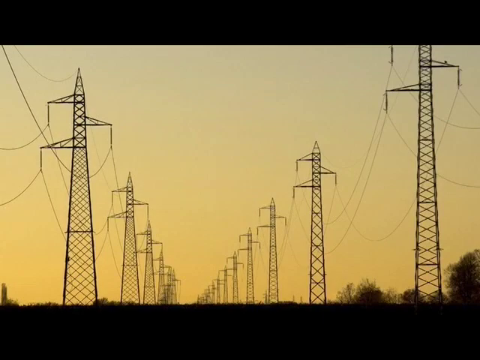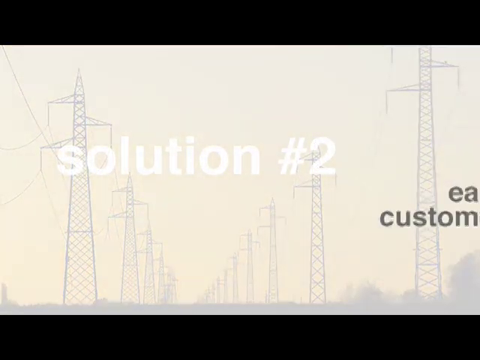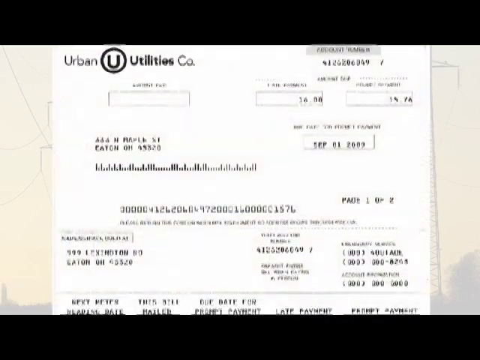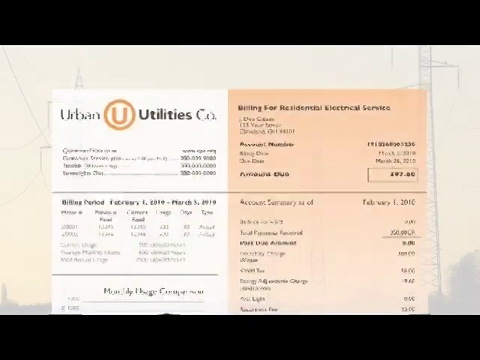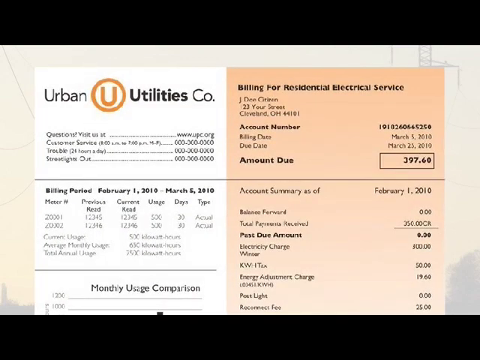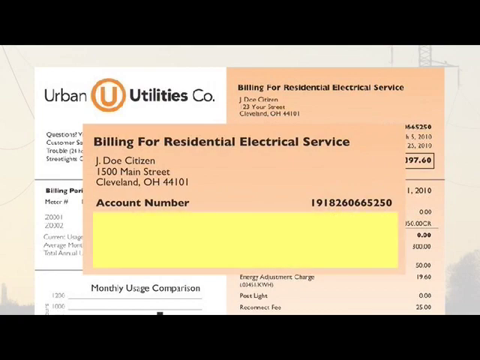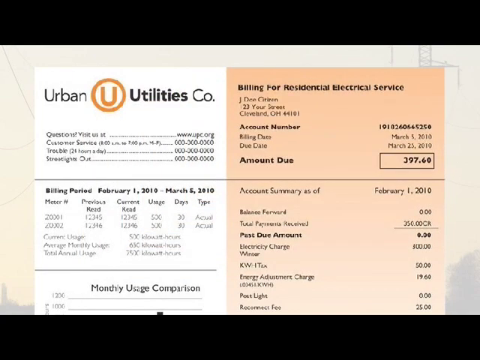With some utility bills, it's difficult for customers to even find their names in customer information. What people want to know is, what do I owe? But on the redesigned bill, all critical customer information is together, up top and easy to find. Billing amounts and due dates appear right with the customer's name. So just at a glance, the customer knows when the bill was processed and when payment is due.